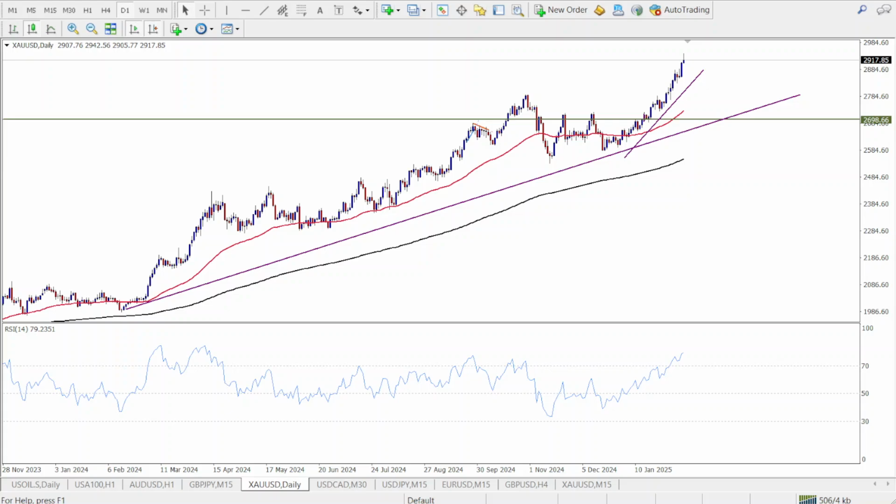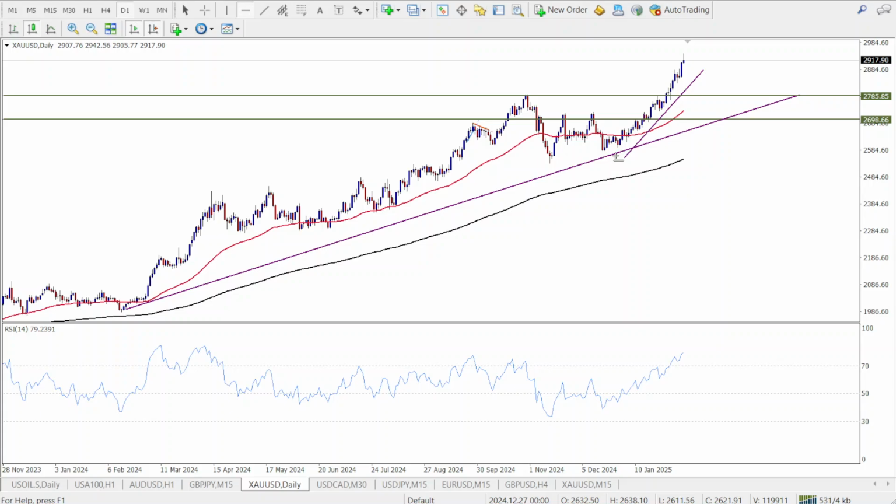Now that you know why daily charts are powerful, let's talk about how to trade them effectively. The first step is to identify key trends and levels. Before placing a trade, mark your key support and resistance levels on your chart.